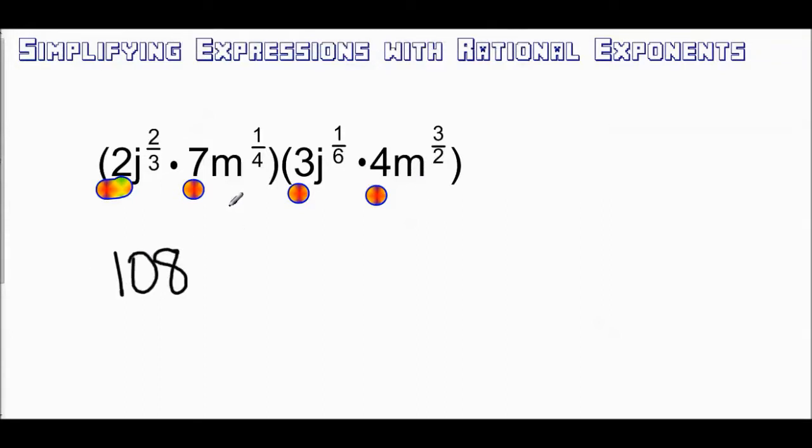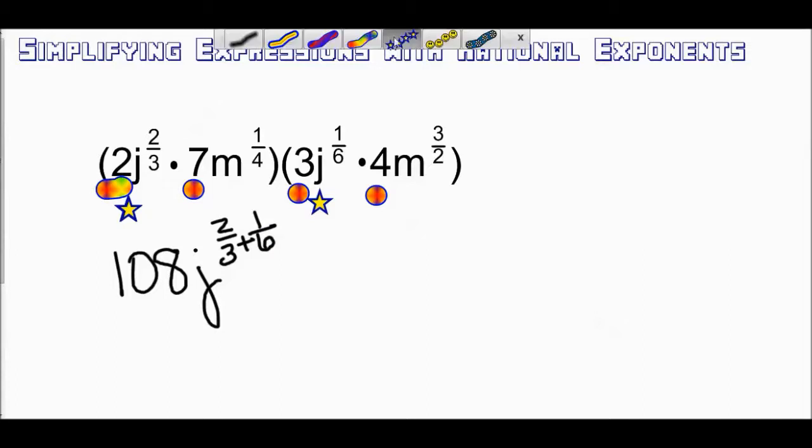Okay? Then let's look at the variables with the same base. Let's look at all the j's. So I have a j there and a j there. There we go. So I'm going to add those exponents. So I'm going to write this out a little bit more. I would have j to the 2/3 plus 1/6.